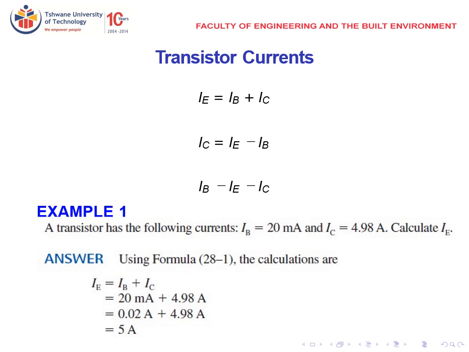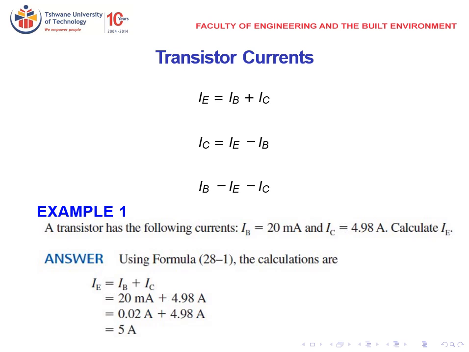The emitter current is equal to the base current plus the collector current, or the collector current is equal to the emitter current minus the base current, or the base current is equal to the emitter current minus the collector current.